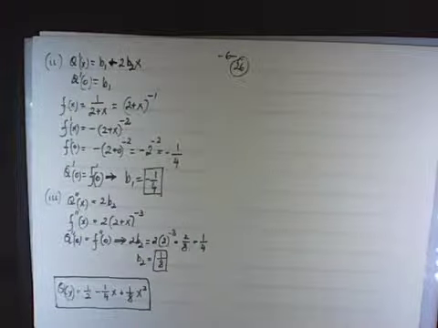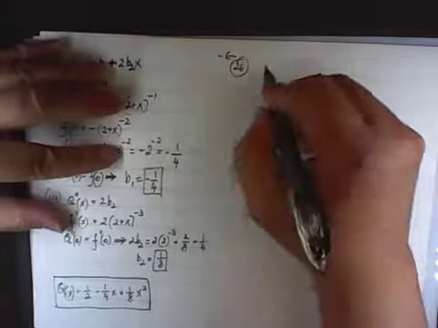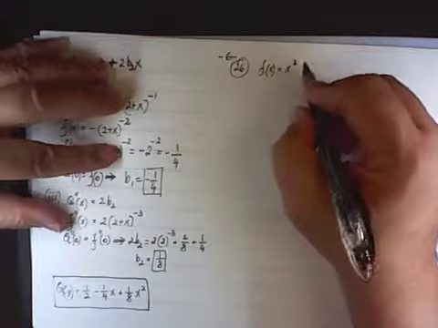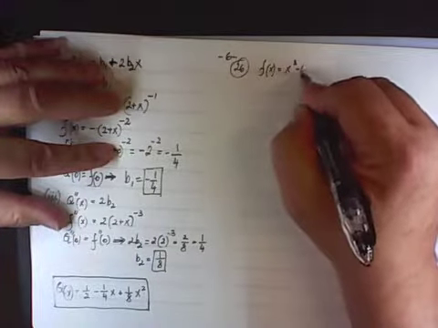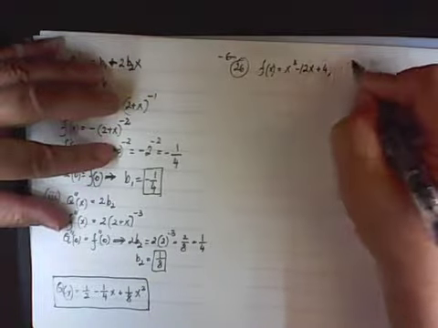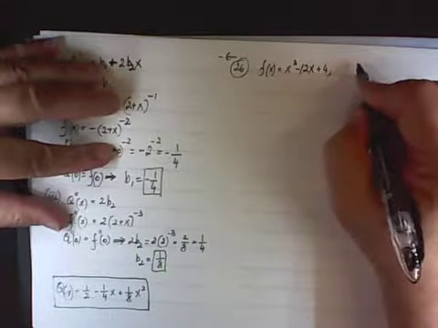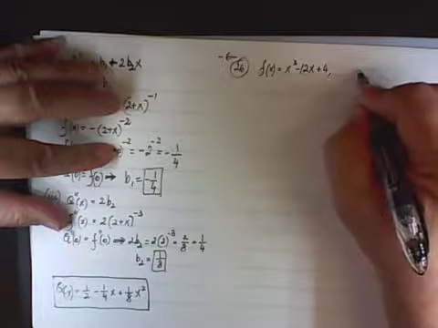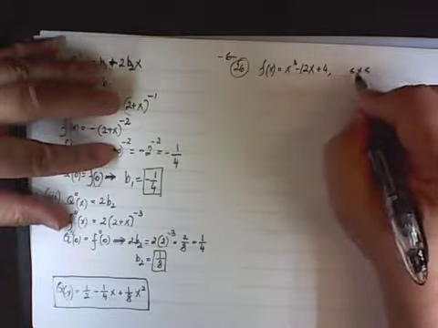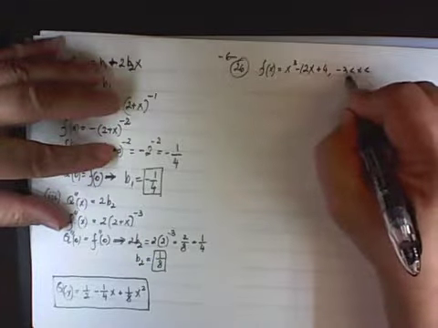X cubed minus 12x plus 4. This will be a short question, so it's no big deal. And I think there's an error on the answer key for this question. Yeah, somebody already mentioned that.